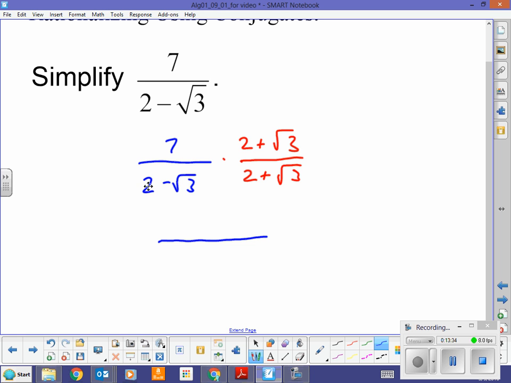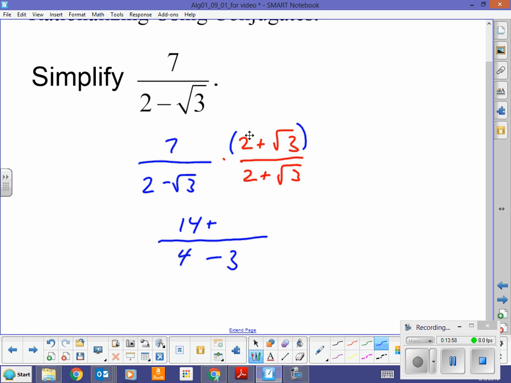I take the first term, I square it, 4. It's going to be the minus because it's a difference of squares. And then radical 3 squared is 3. Right? So that's these two things multiplied together. And this one is just the distributive property. So 7 times 2 is 14.